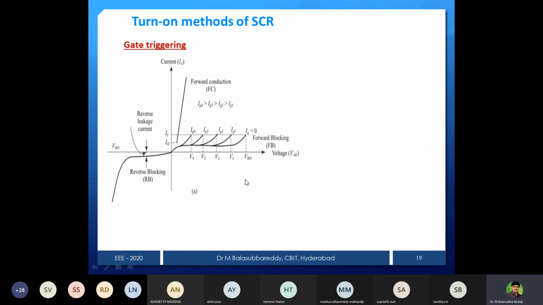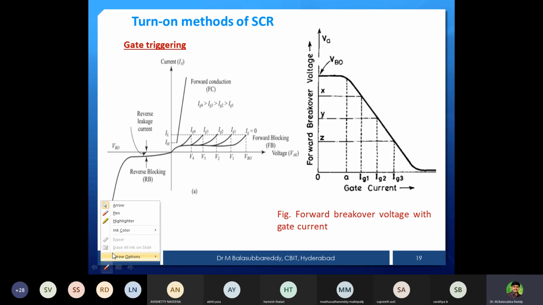You can see here, there is a relation. This line is what I call VBO, and further it decreases gradually. What does that mean? The X-axis is the gate current. If I pass a gate current of this much value, what is the breakover voltage?